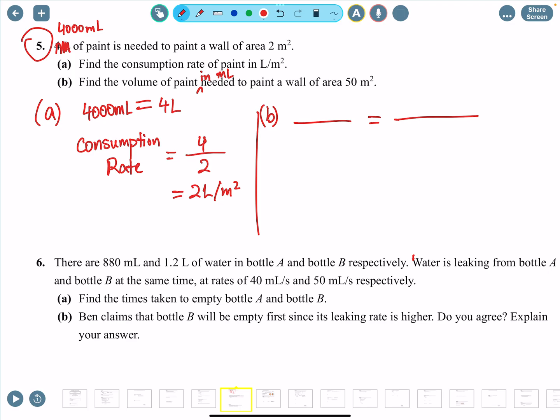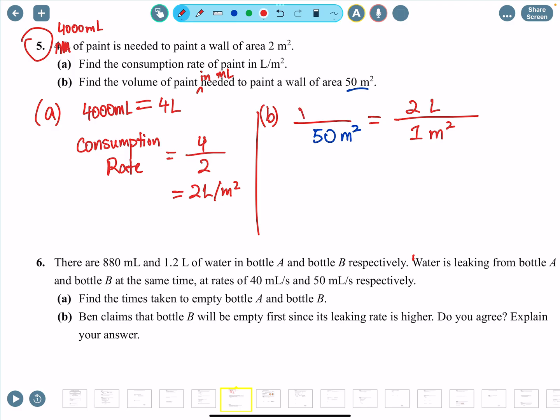So over here we have 2 liters divided by 1 meter square. 2 liters per 1 meter square, right? And then the number given to you is 50 meters square. Where do we put that? At the bottom, because over here is meters square. So bottom for both.